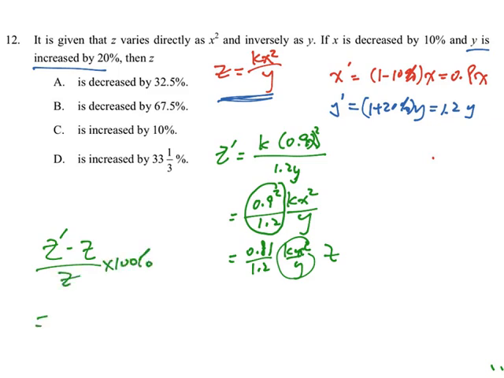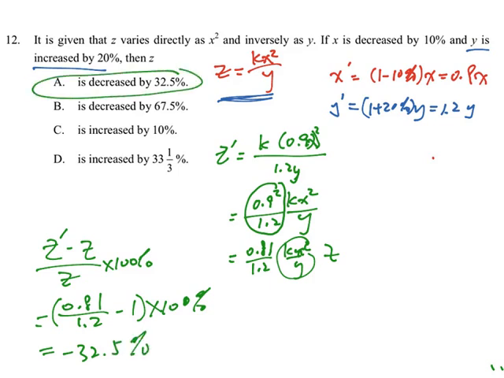So actually it is 0.81 over 1.2 minus 1 times 100%. So we can get a negative number, 32.5%. So the answer is A.